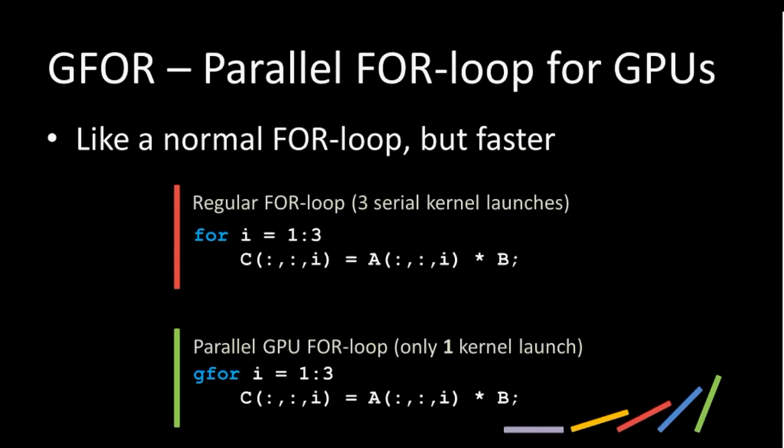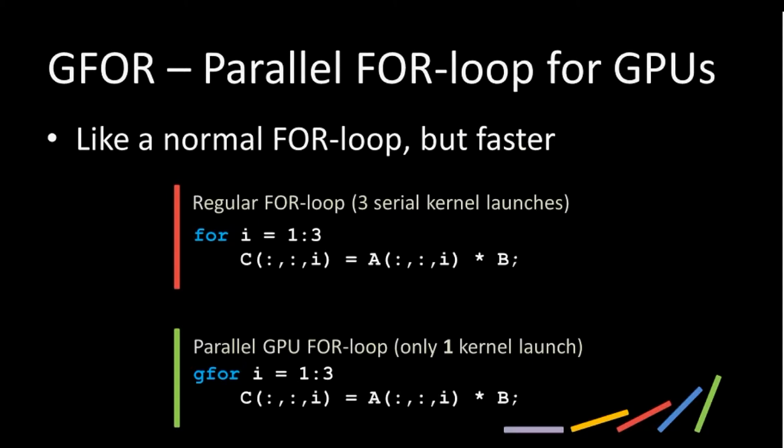One of the biggest features of Jacket today is that there are parallel for loops for the GPU. This is something that can greatly enhance the speed of your code. As you can see in the red, a regular for loop on the CPU launches kernels in a serial fashion.